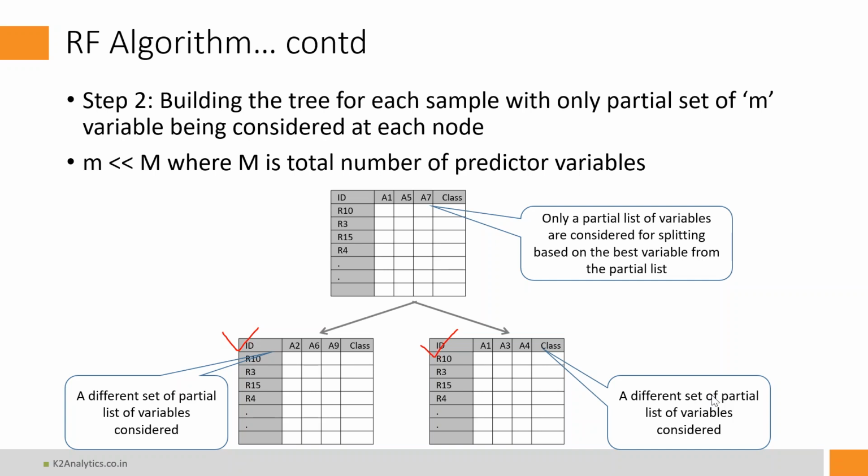Again, using some randomized search approach, we'll find out the optimal number of m, number of variables to be considered. That we'll have through a systematic process. But if you have to go through a thumb rule approach, in that case, square root of the number of attributes is what you should be selecting. Okay.